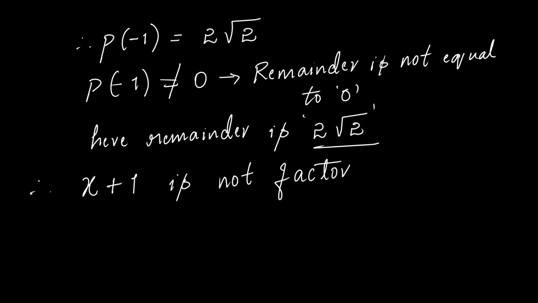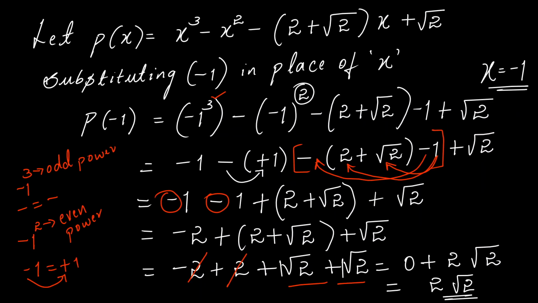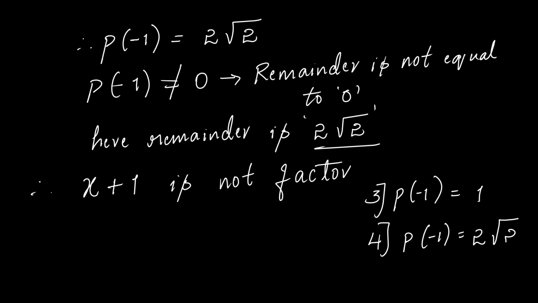Notice something important. In question 3, we got 1 as a remainder. In question 4, we got 2 root of 2 as a remainder. So, different numbers, both are not 0, and that is enough. For factor theorem, we don't care what number we get. We only check is it 0 or not. And be careful with even and odd powers.